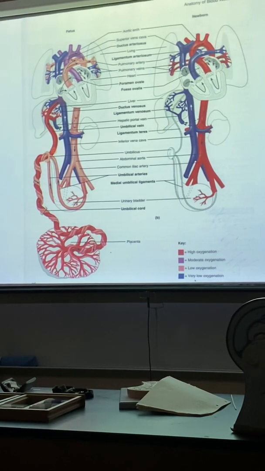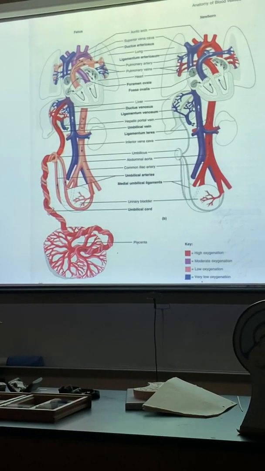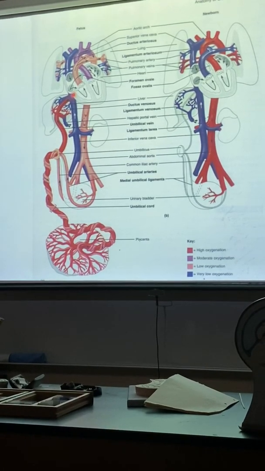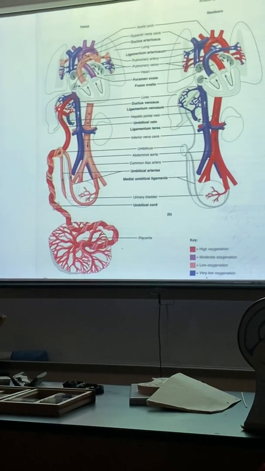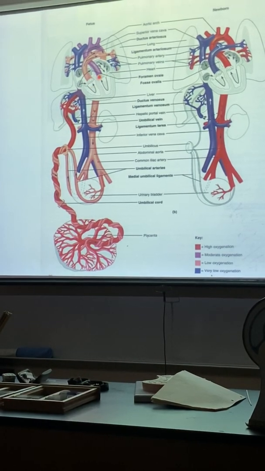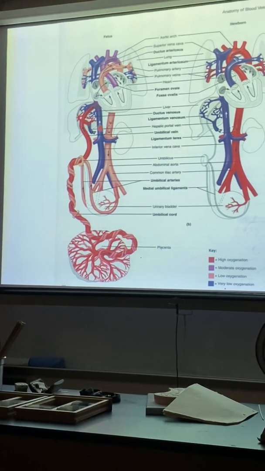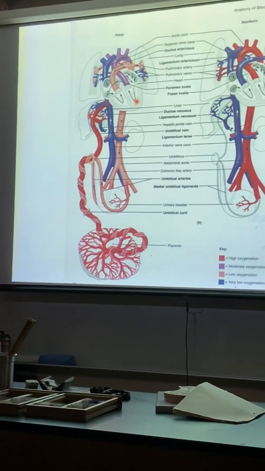So recall that arteries are carrying blood away from the heart, while veins carry blood to the heart. We are going to talk about the umbilical vein and artery as related to the fetal heart. These different colors are like this because of different levels of oxygenation within the blood.